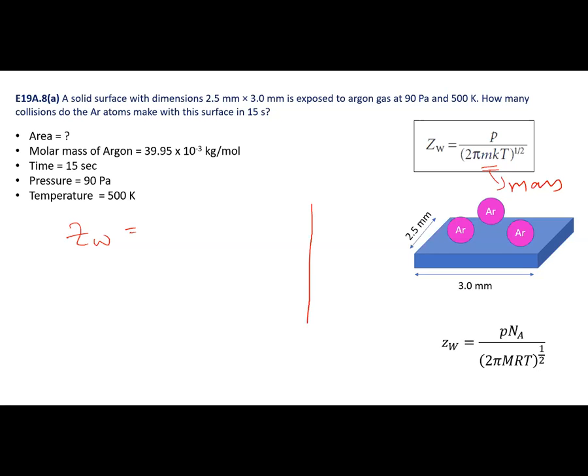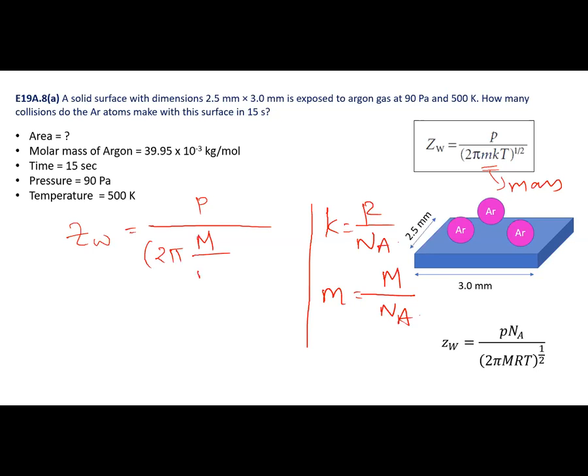Using some of the known values, we know that k is equal to R over Na, and mass is equal to molar mass divided by the Avogadro number. So I'll make use of these two equations. P over 2 pi, instead of m, I'm going to use molar mass over Na, times k, instead of k use R over Na, times T, all to the power half.